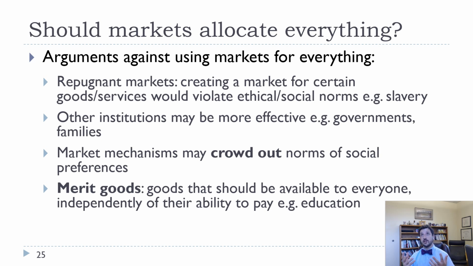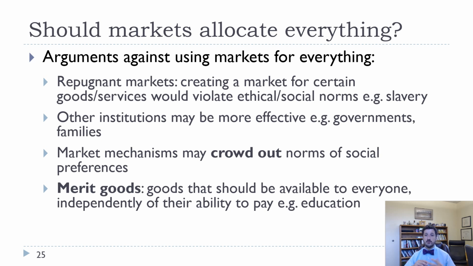Think about drug dealing. There are arguments for making drug use legal, probably, but selling drugs to people does seem like a potentially repugnant market, especially if it's a drug that is really dangerous.